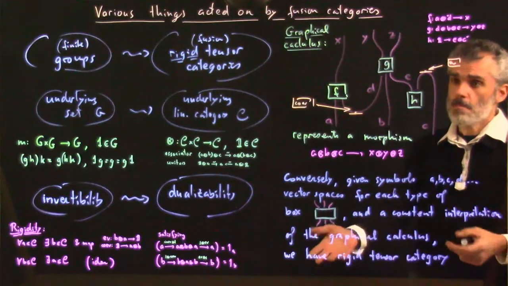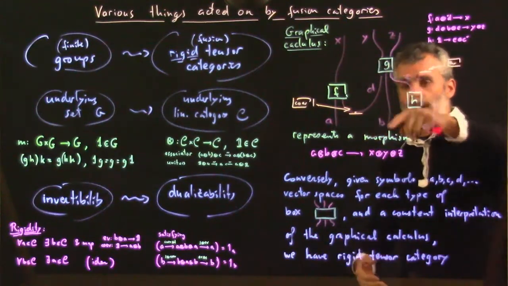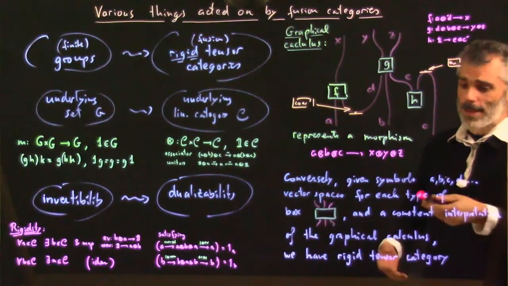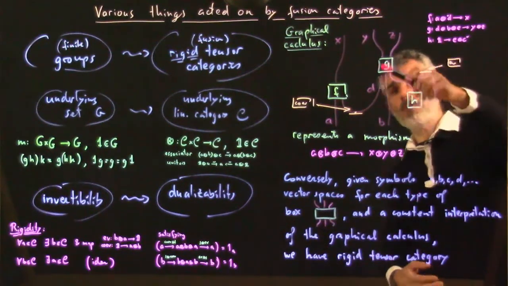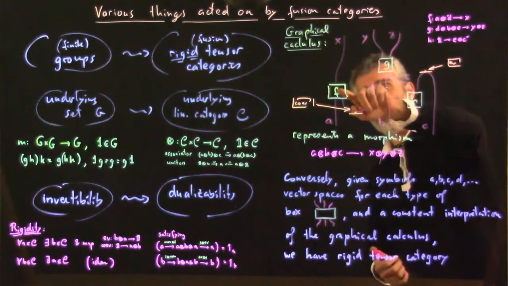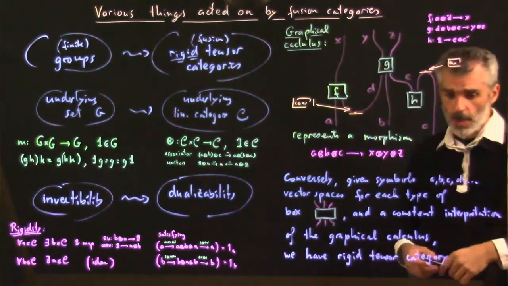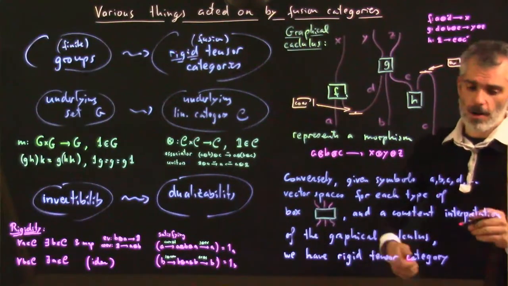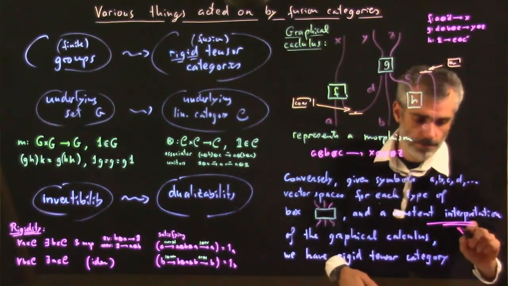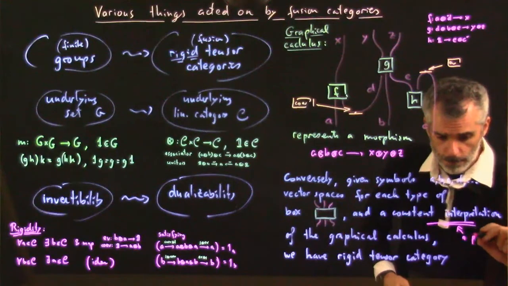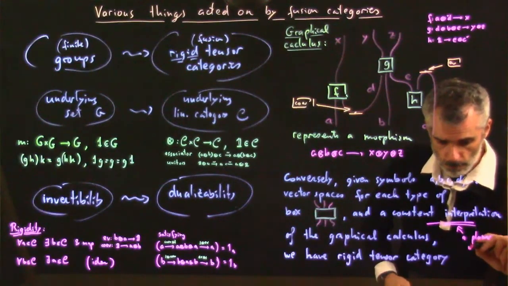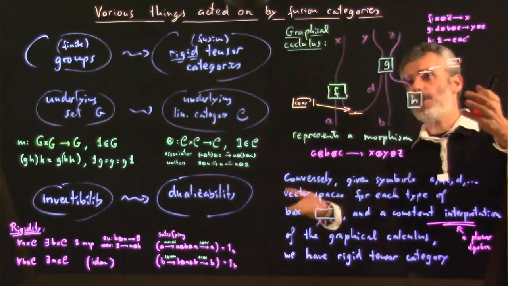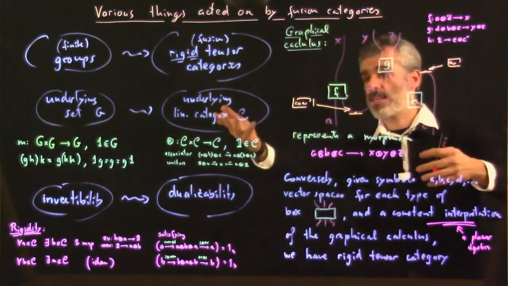And conversely, given symbols that you can use to label the strands, and a vector space for each type of box, out of which you can select these morphisms F, G, H, and a consistent interpretation of the graphical calculus, which really means a planar algebra, then really what you have is a rigid tensor category.